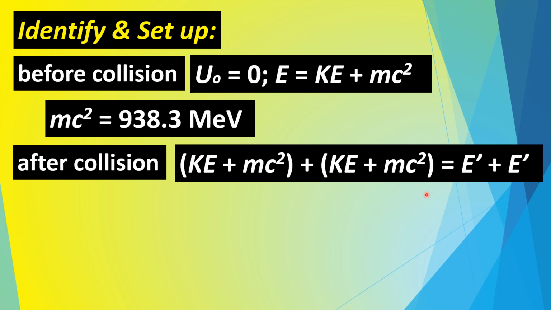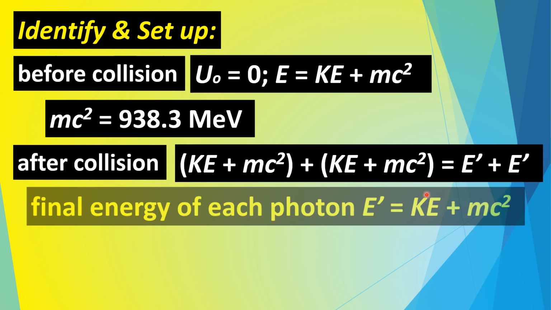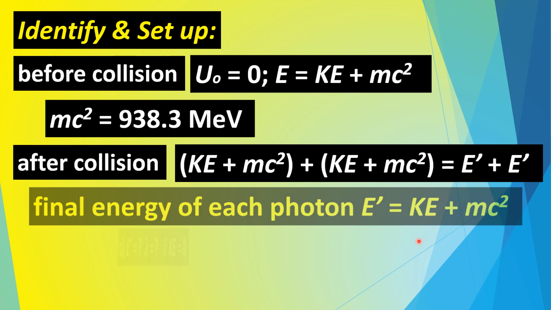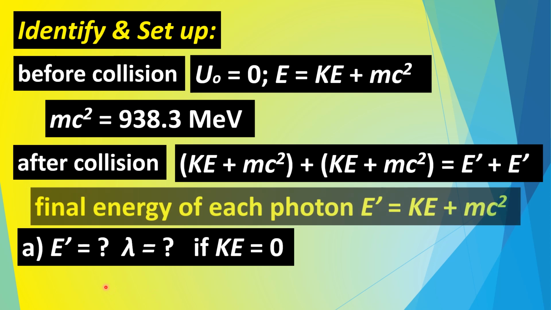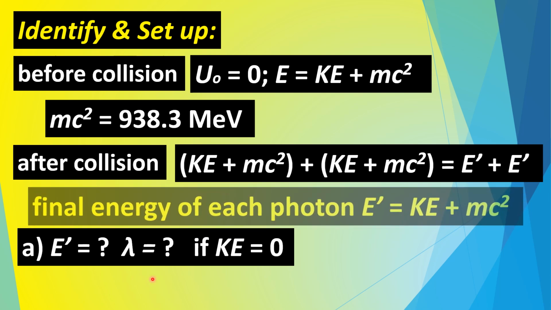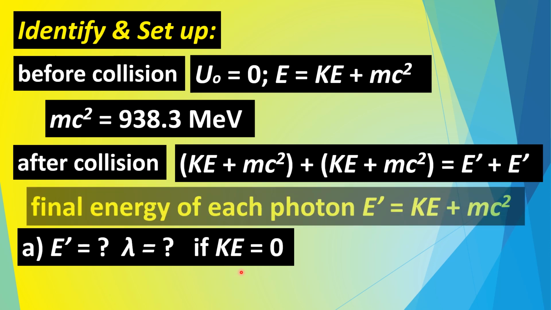Therefore, the final energy of each photon, denoted by E prime, is the sum of its kinetic energy and the rest energy mc squared. Our target variables for letter A are the final energy E prime and its corresponding wavelength lambda, if the kinetic energy is considered negligible.